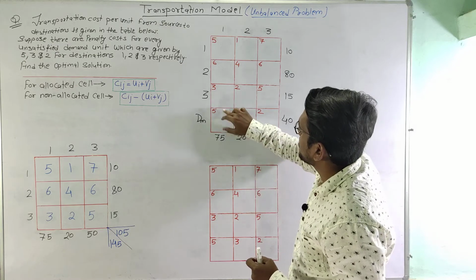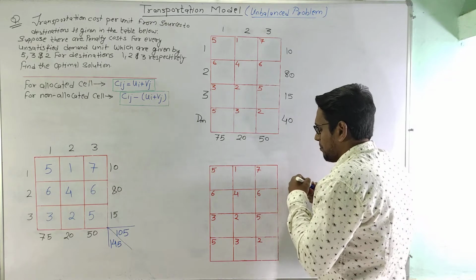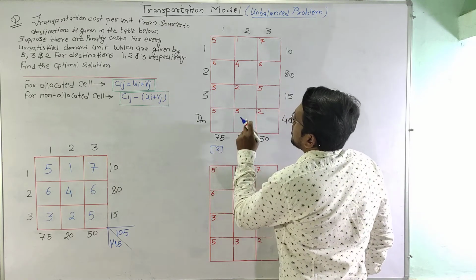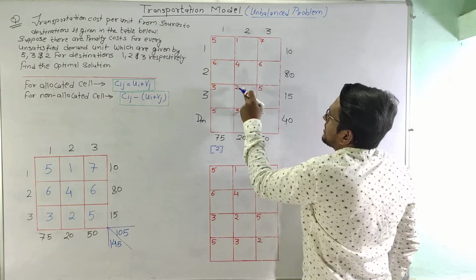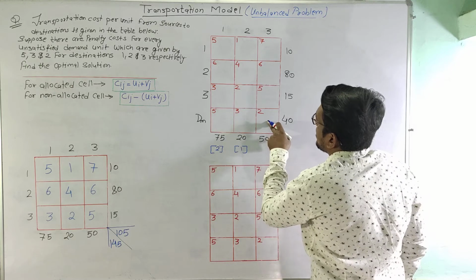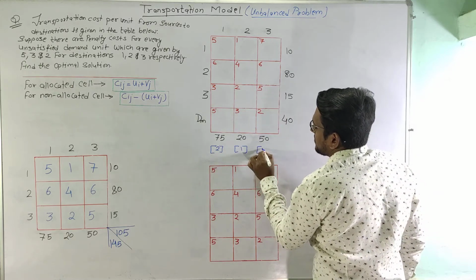So let us start from here. Minimum is 3, next minimum is 5, so penalty here is 2. Similarly here minimum is 1, next minimum is 2, penalty is 1. Similarly here minimum is 2, next minimum is 5, penalty is 3.